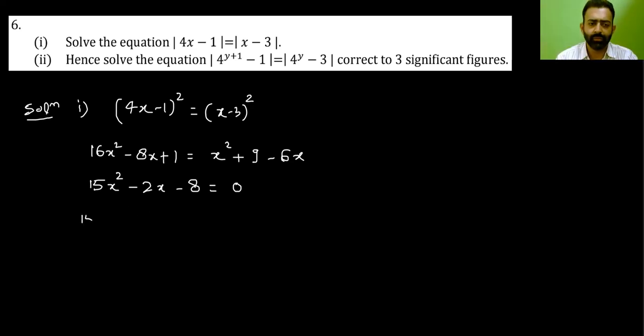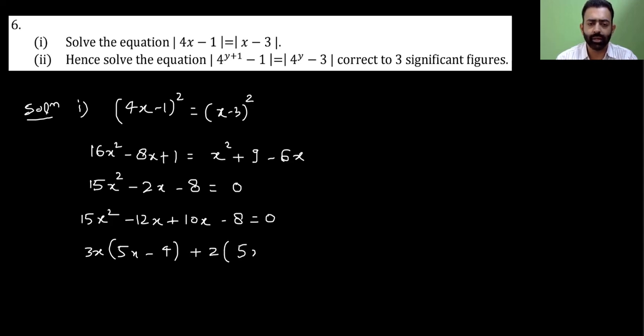So 15x square minus 12x plus 10x minus 8 is equal to 0. I can take 3x common: 3x times (5x minus 4), and plus taking 2 as a common factor, again I get (5x minus 4). This is equal to 0.